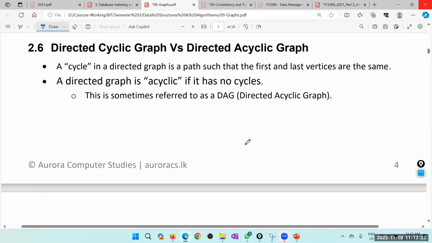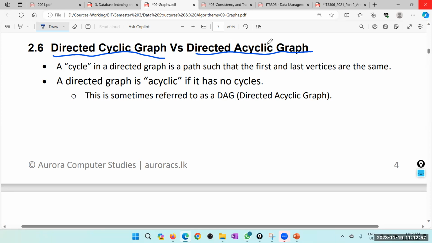Right. Then we have directed cyclic graph versus directed acyclic graph. Acyclic means not cyclic. Directed means it must first be a directed graph, not undirected. As the word says, you can identify this is a directed graph, but it has cycles.